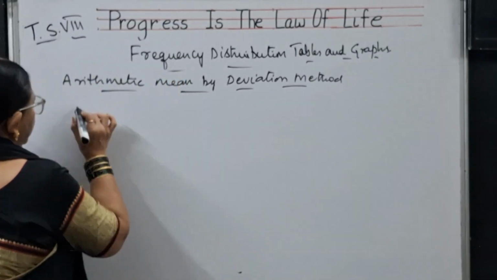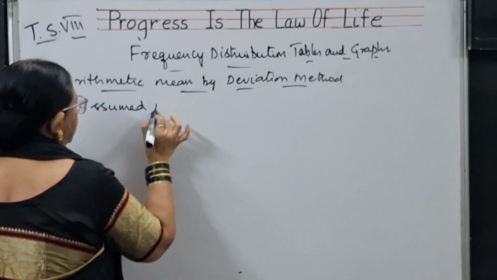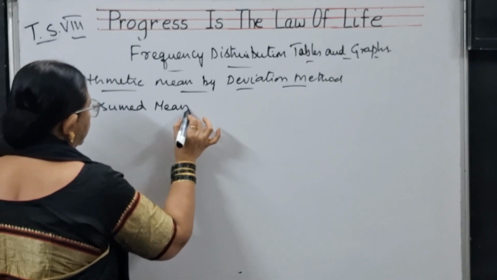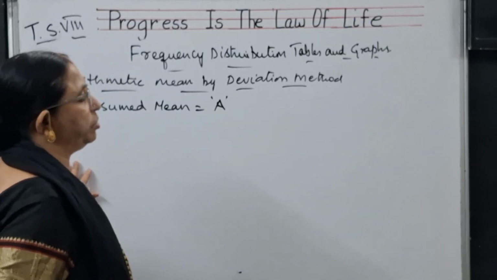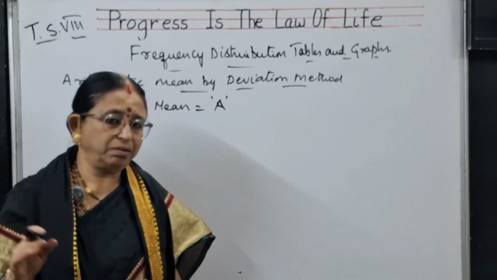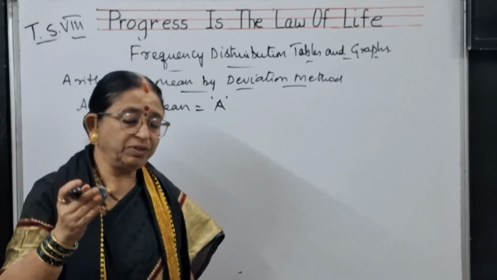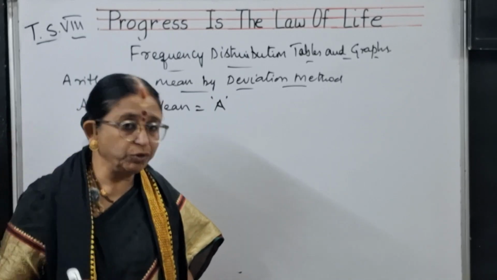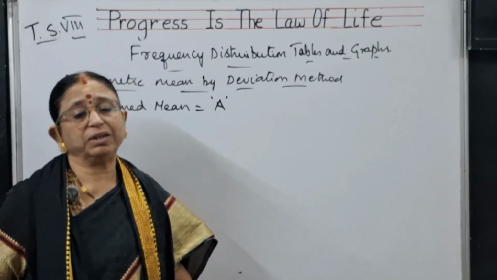That is called assumed mean. This is indicated by letter A. What does assumed mean mean? We assume that maybe the mean is here. When you do the frequency distribution in the form of group data, you can find out that assumed mean.